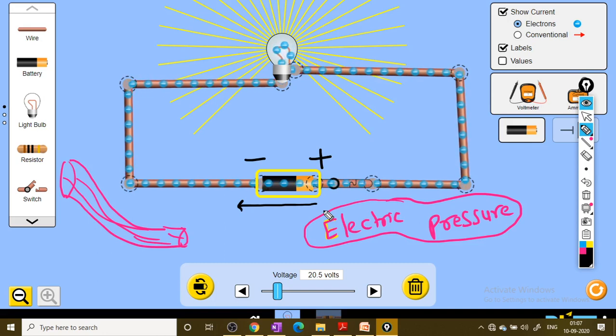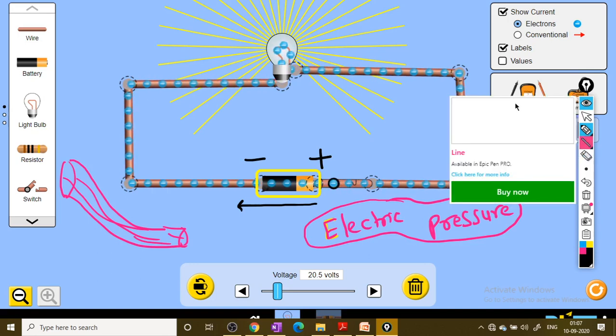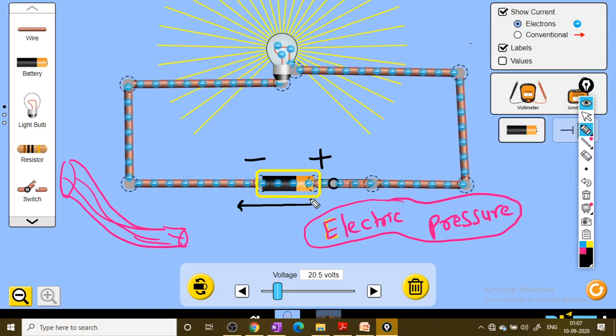If we connect more cells, that becomes a battery. So whenever I use the word cell or battery, the meaning is the same here. Now the cell has two terminals, positive and negative. Positive has high potential and negative has low potential.